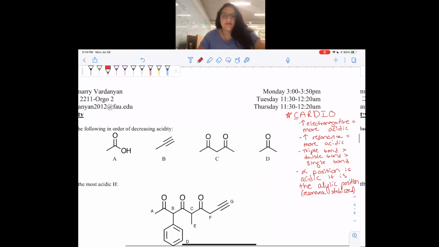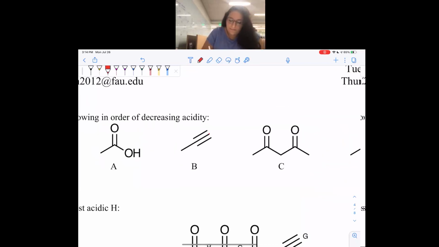So let's zoom out. Here we see a triple bond, we see two carbonyls, and we see a carboxylic acid. First we need to make sure we're all on the same page and know which hydrogen we're talking about.